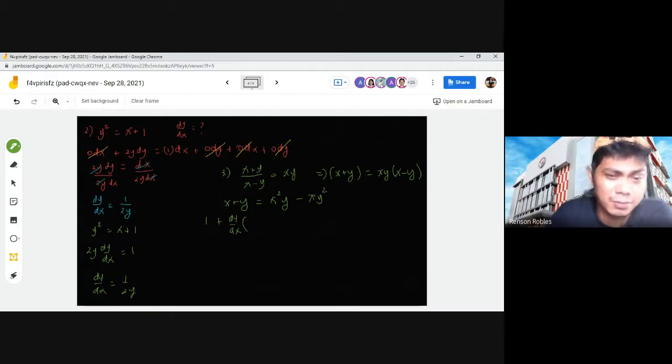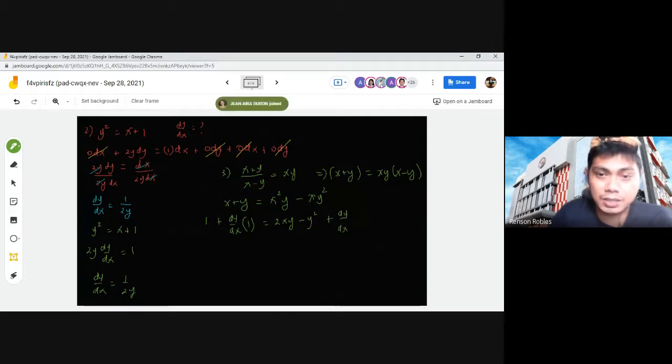Derivative of y in terms of y, 1. Equals, in terms of x, that's 2xy minus y squared. Plus dy dx, in terms of y, x squared, in terms of y, negative 2xy.